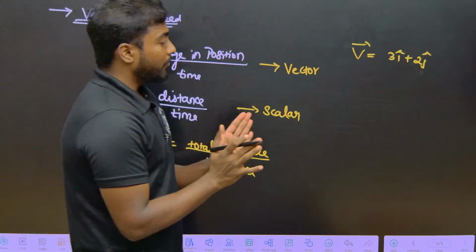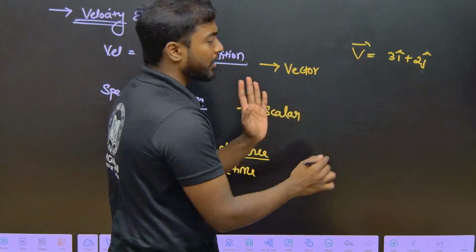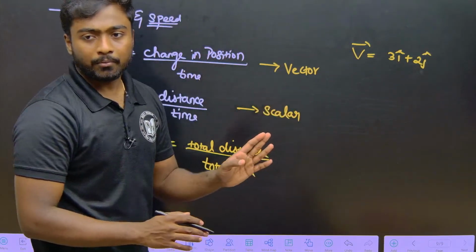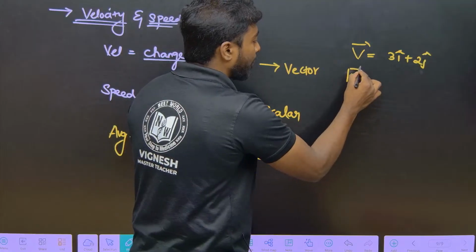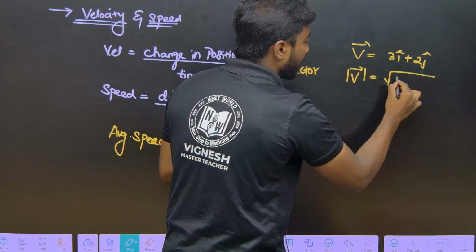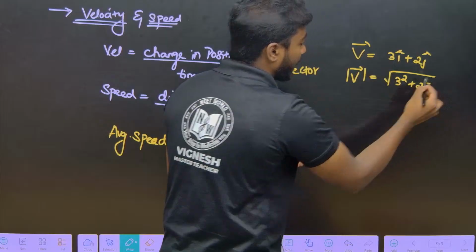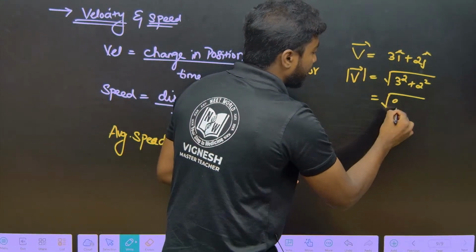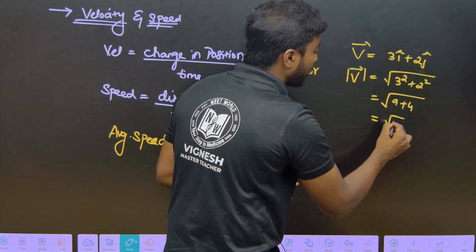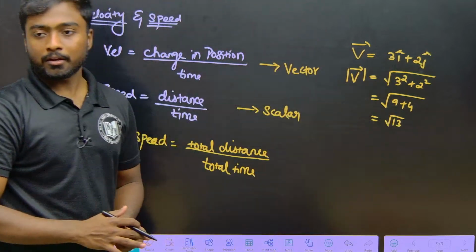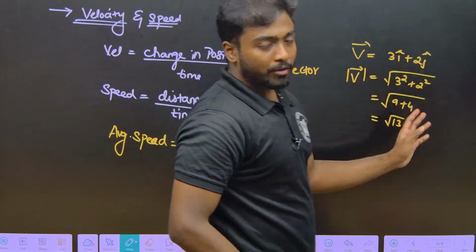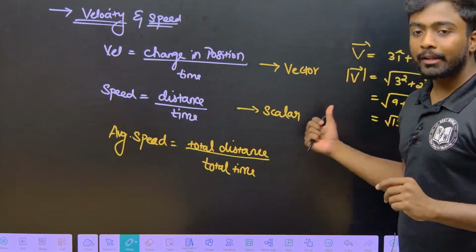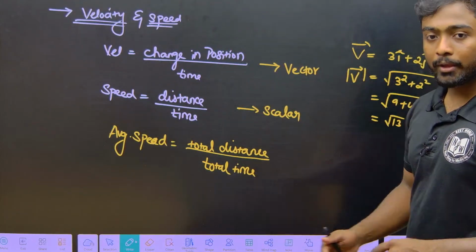Speed is nothing but the modulus of that. So under root of 3 square plus 2 square, which is 9 plus 4, root 13. Any doubt here? When we take the modulus of the vector, I get the speed.